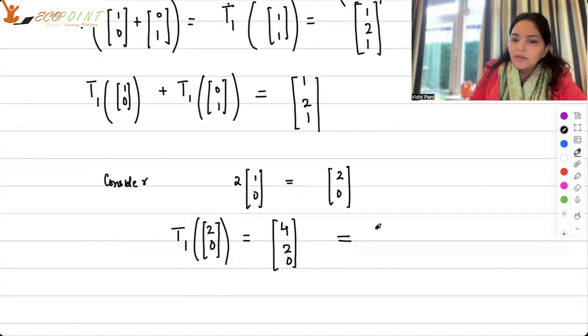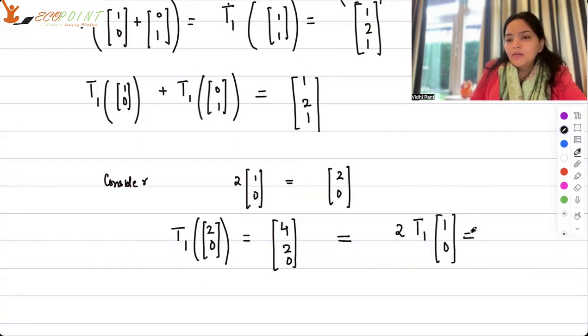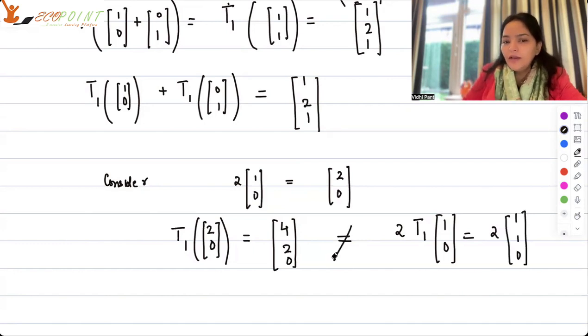Is this equal to 2 times T1(1, 0), which is 2 times (1, 1, 0)? Absolutely not. You have (4, 2, 0), which is not equal. Therefore scalar multiplication is definitely not happening, just with this example. So T1 is not a linear transformation, in other words not a linear function.